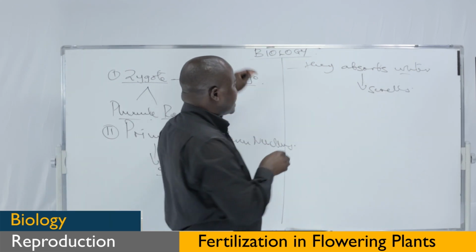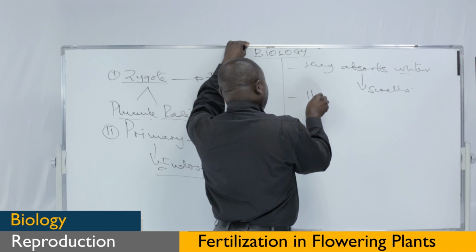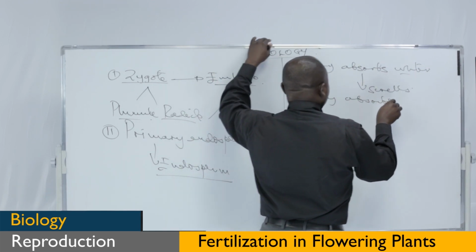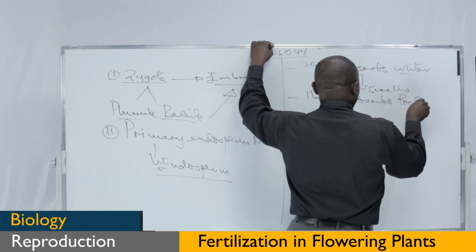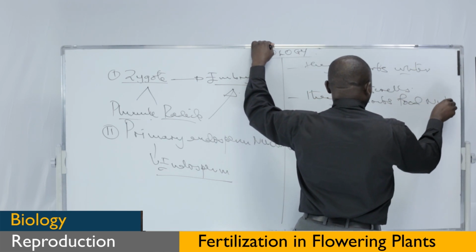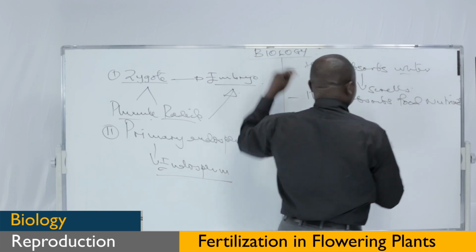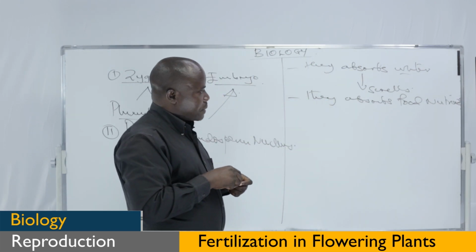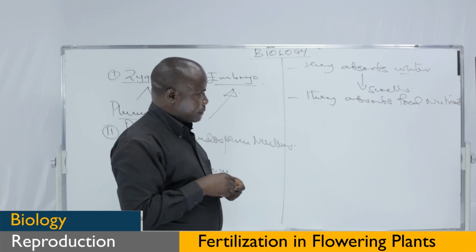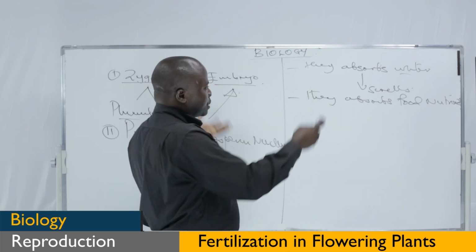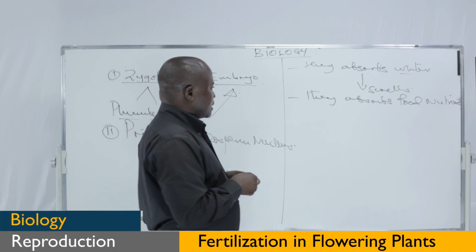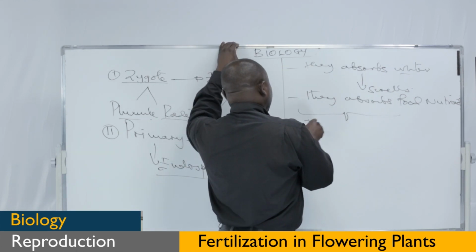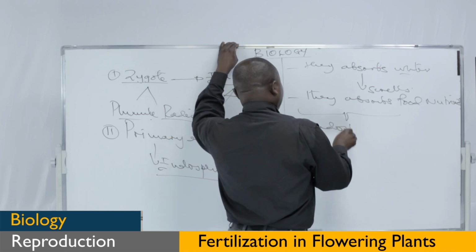But also the cell absorbs food, nutrients, and mineral nutrients from the parent plant body. Because of this process, the primary endosperm forms the endosperm.